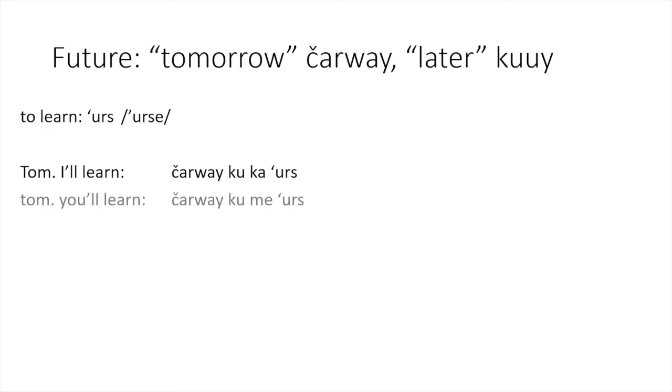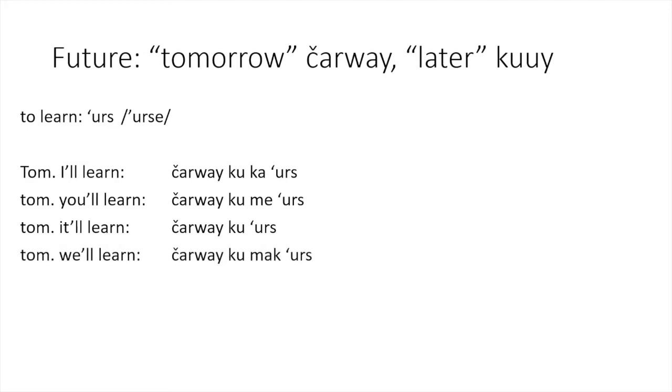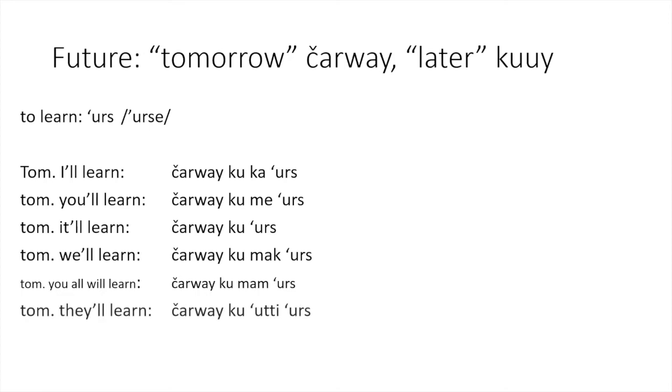Tomorrow you'll learn: čarway ku me urus. Tomorrow it'll learn: čarway ku urus. Tomorrow we'll learn: čarway ku mak urus. Tomorrow you all will learn: čarway ku mam urus. Tomorrow they'll learn: čarway ku uti urus.